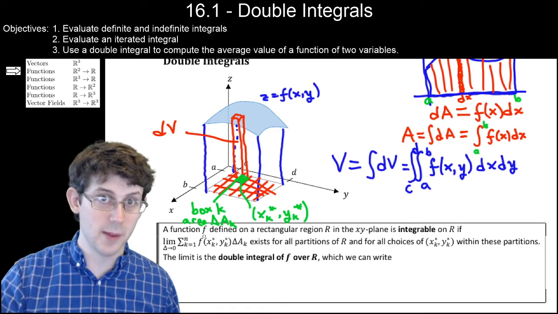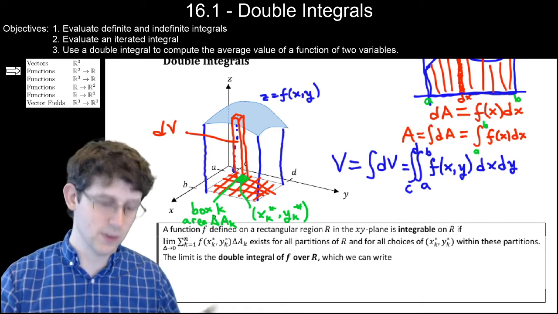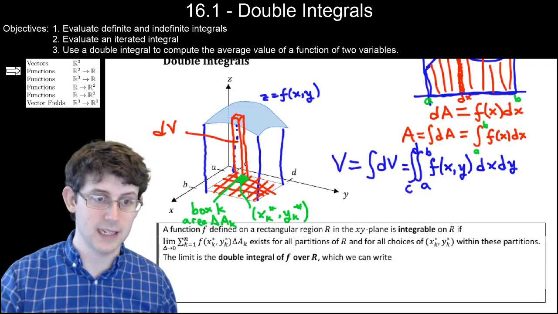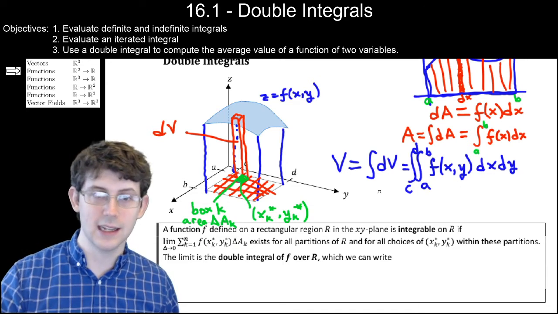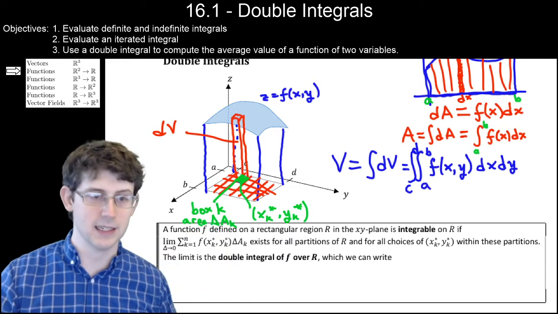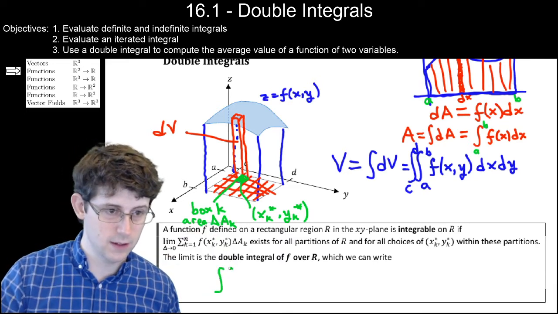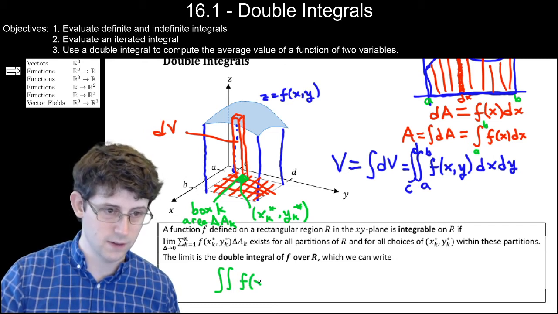We add up all the boxes, and then we let the partition size go to 0. So we make really, really small slices on the space. Essentially, this is just the technical way to write it so that we can get the intuition that we wanted, which was to cut it up into infinitely many, infinitely small pieces. So when you do this, the thing you get is the double integral of the function.